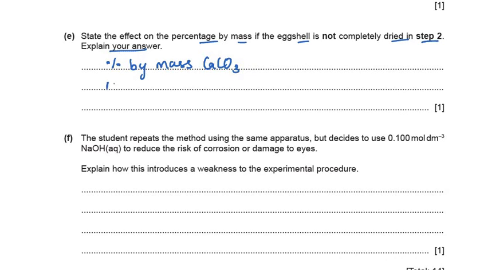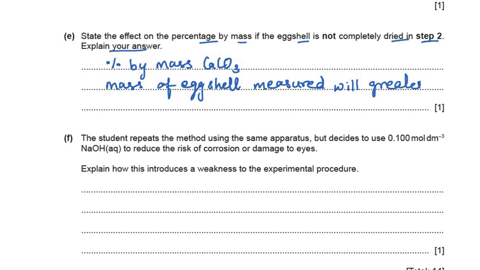Because the mass of eggshell measured will be greater than the actual value. Because the water hasn't dried properly, the denominator will be bigger, so the percentage by mass of calcium carbonate calculated will be less.